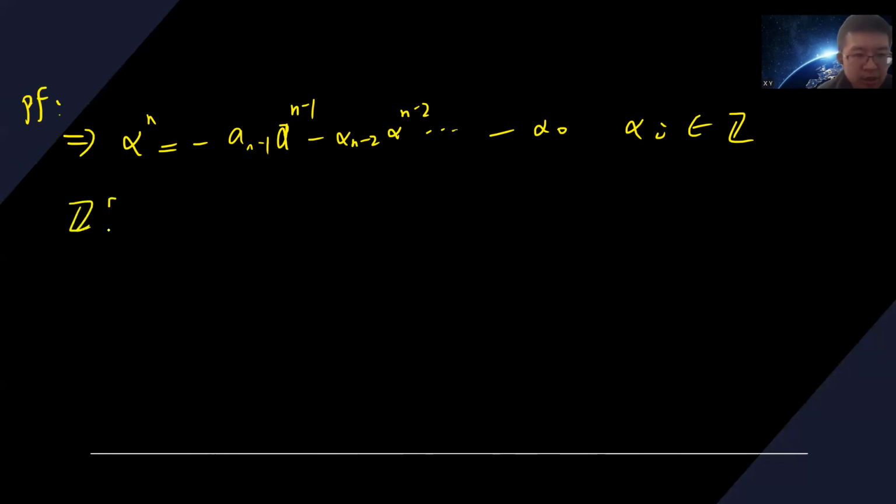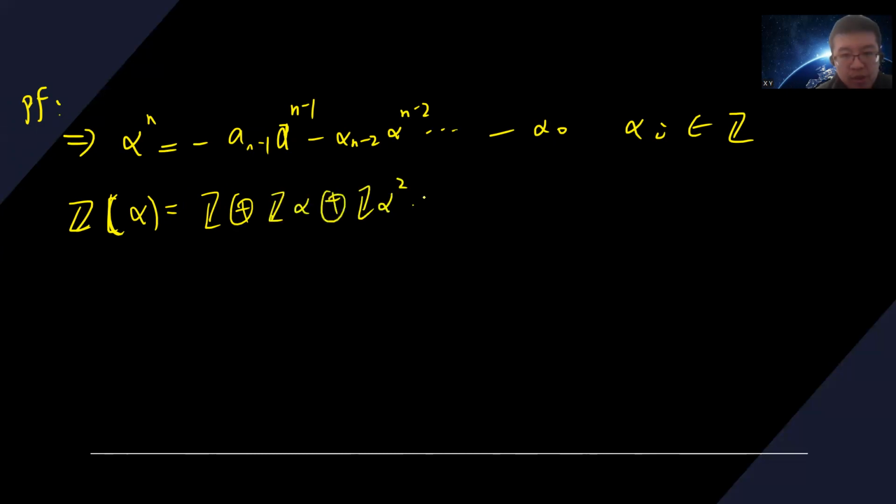So Z[alpha] is basically the direct sum of Z, Z alpha, Z alpha squared, Z alpha cubed, up to Z alpha^{n-1}.